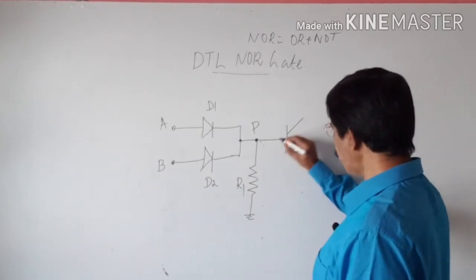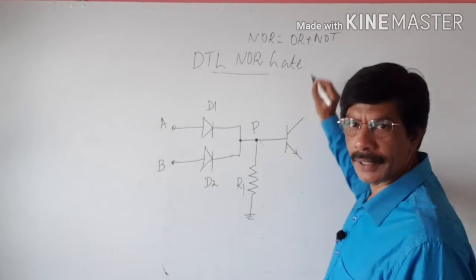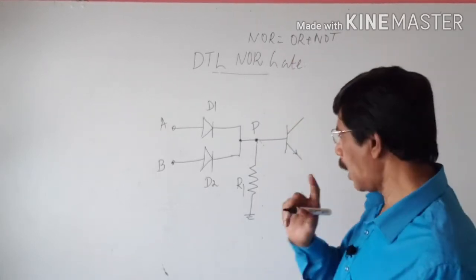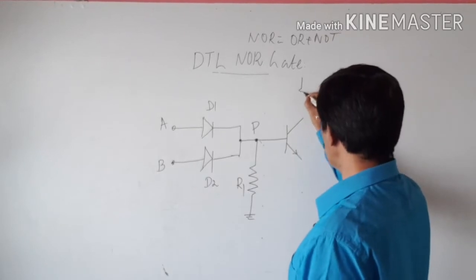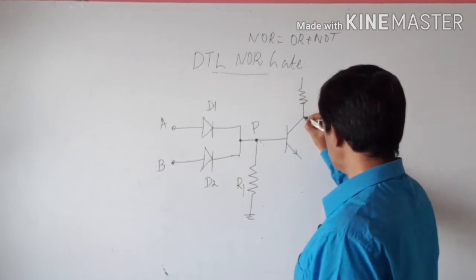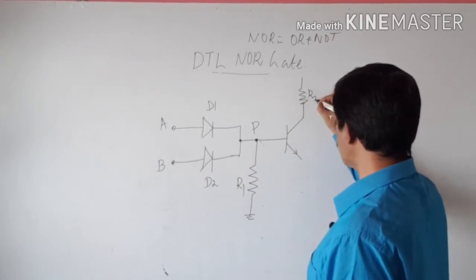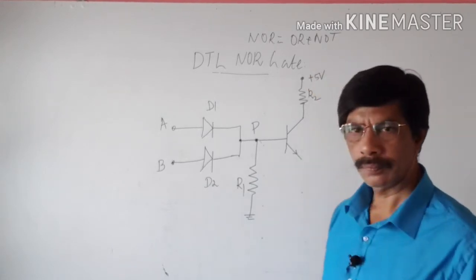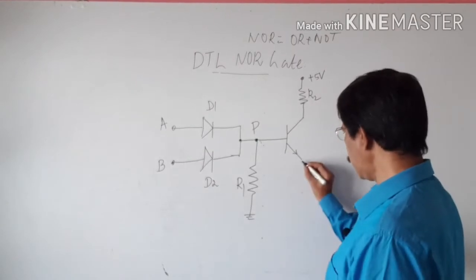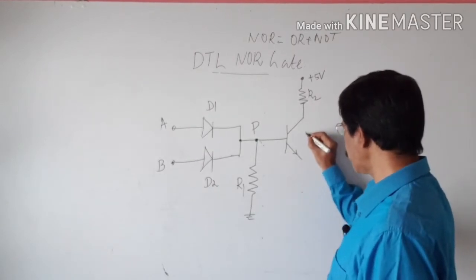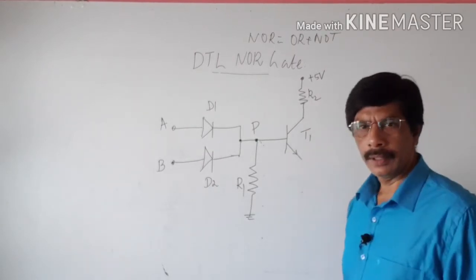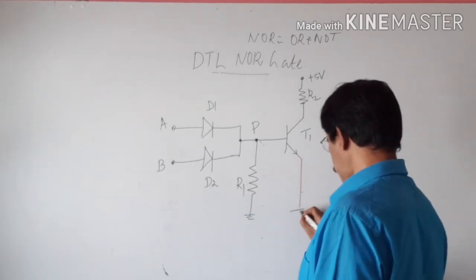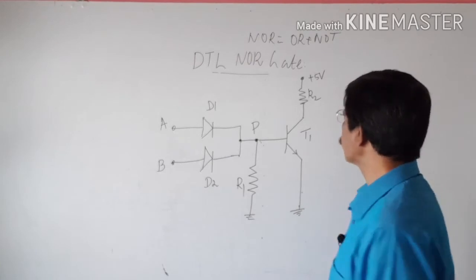The collector of this transistor is connected to the positive of the power supply through the resistor R2. This value is R2 and this is connected to plus 5 volt. The emitter of this transistor T1 is directly connected to ground.